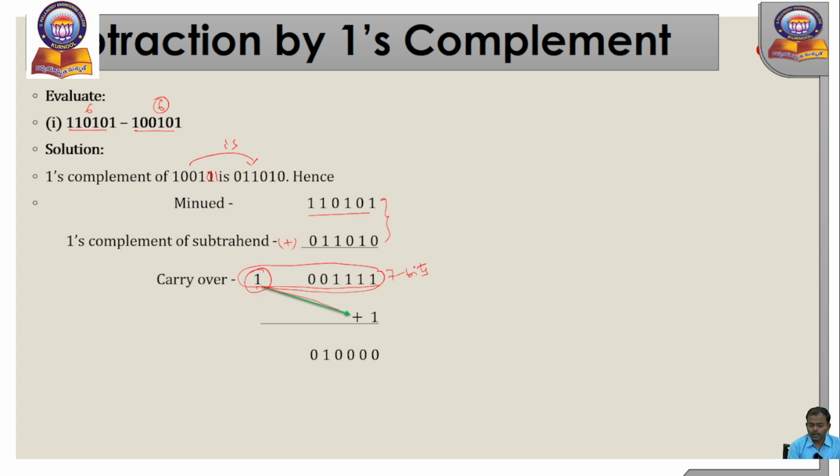That carry I can add to the LSB. After that, whatever result I get gives the subtraction of these two given binary numbers. The required difference is 1 0 0 0 0. So this is how you perform it when the carry is generated.